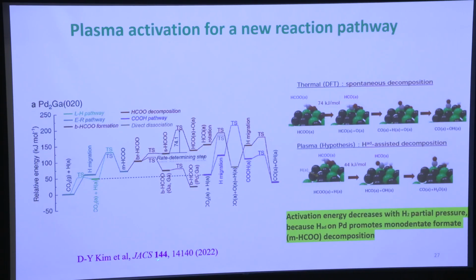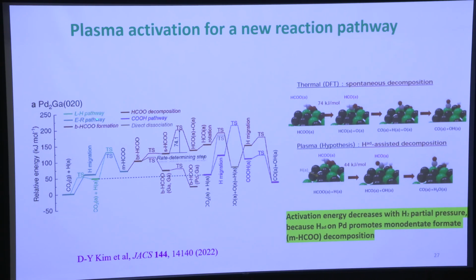And so they did these quantum chemistry calculations to see how the CO2 with an H radical on the surface behaves, and compared the reaction pathways between LH, which is the Langmuir-Hinshelwood mechanism, and the ER mechanism.